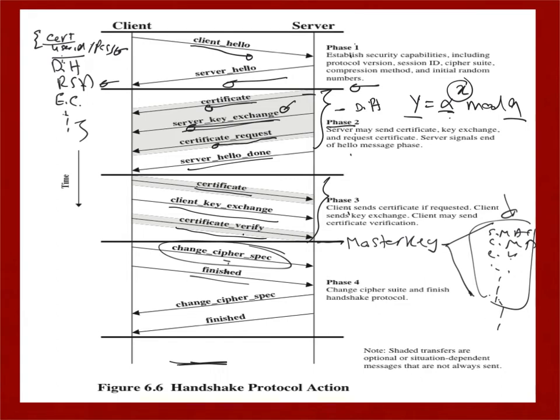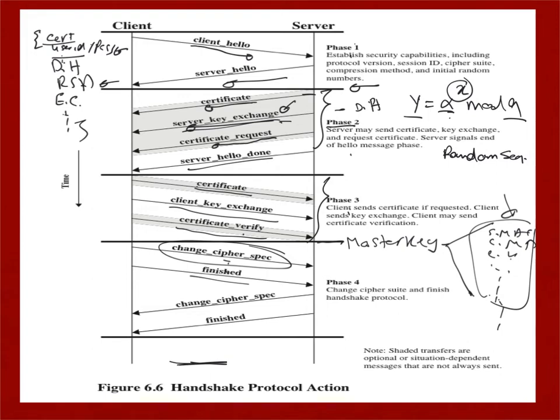One thing we also send with the key exchange is another parameter, which is a random sequence. Okay, this random sequence, we talked about it in the session state. Why do we send a random sequence? We send all the parameters required for key exchange. If it's Diffie-Hellman, it's alpha, q, and y.